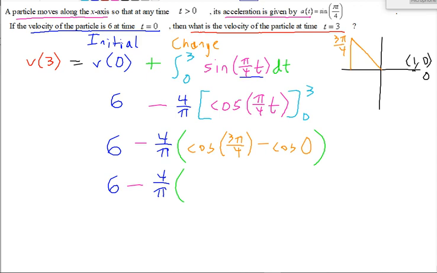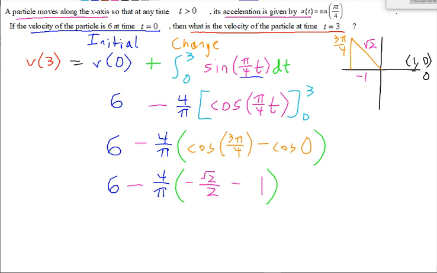Cosine is adjacent over hypotenuse, so it'd be negative 1 over root 2, which simplifies to be negative root 2 over 2. Minus, we saw cosine of 0 is 1. So if this was free response, you could stop right here once you get down to pure numbers. You don't have to simplify further for your response.